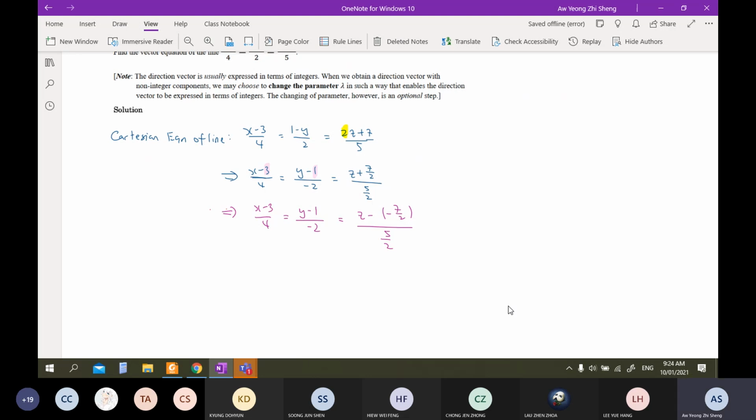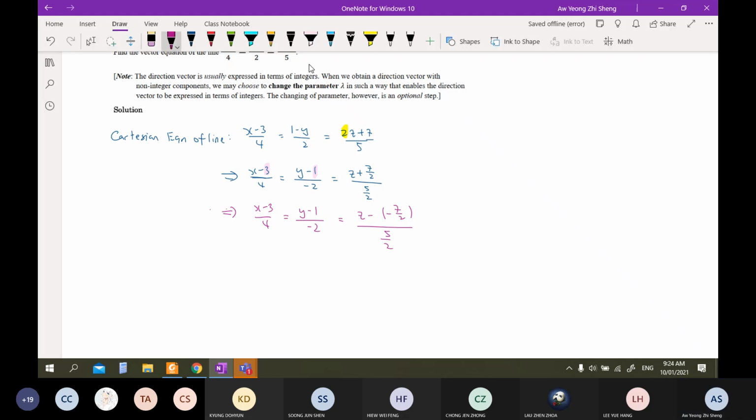Okay, now it becomes readable. 3, 1, and minus 7 over 2 will be the fixed point. r equals fixed point plus lambda times direction vector, lambda in R. That is (3, 1, minus 7 over 2) plus lambda (4, minus 2, 5 over 2).